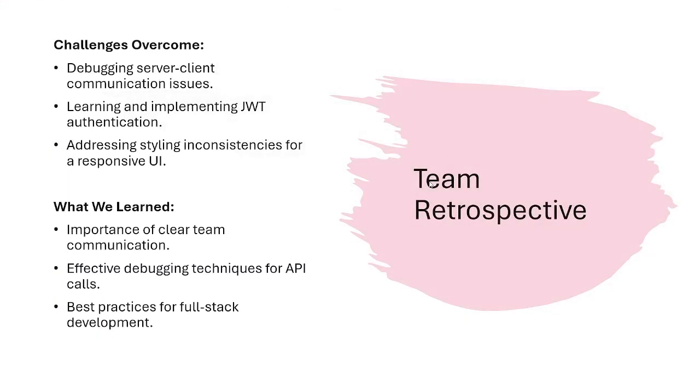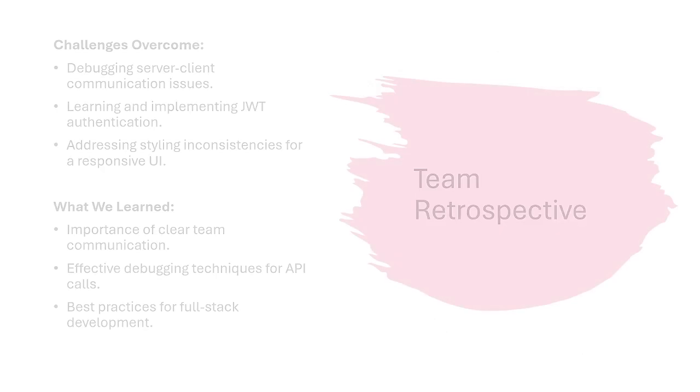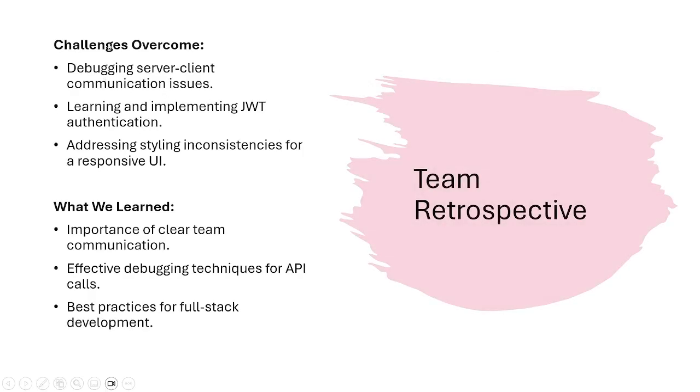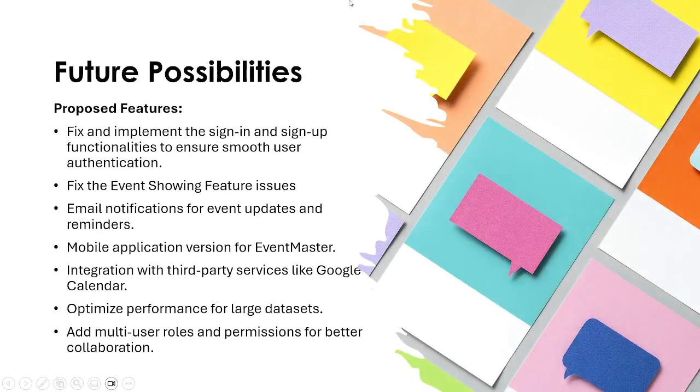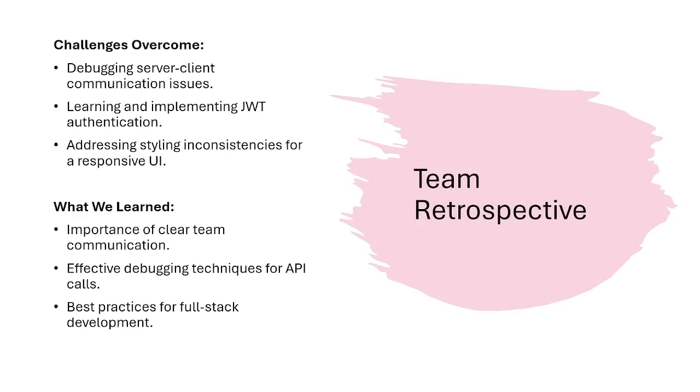So what is the team retrospective for our group? We overcame a lot of challenges, debugging server, client and communication issues. We learned and implemented JWT authentication. We also addressed styling inconsistencies for our responsive UI.